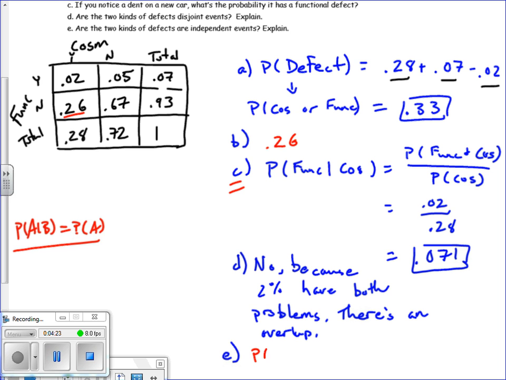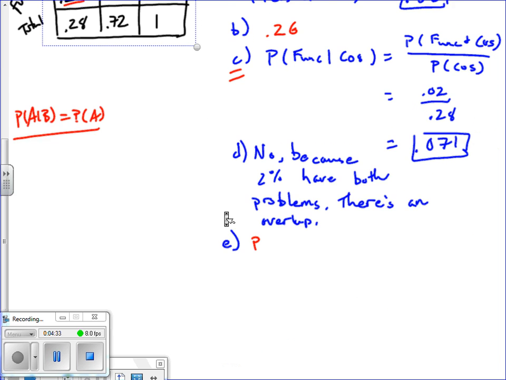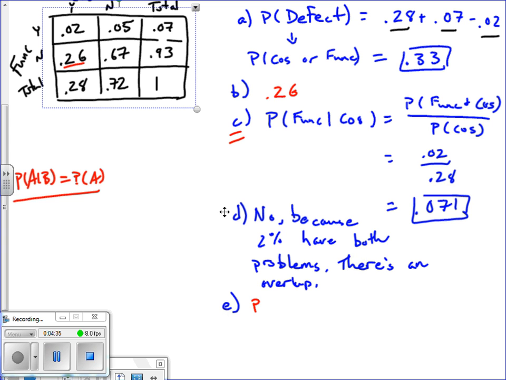Does the probability of functional given some kind of cosmetic issue equal the probability of a functional issue?